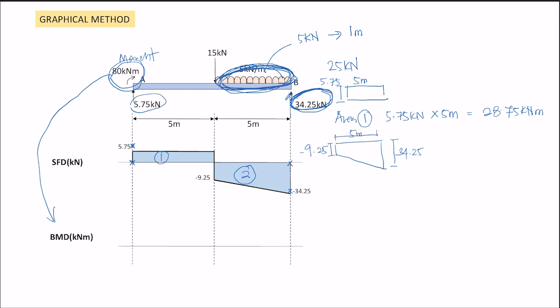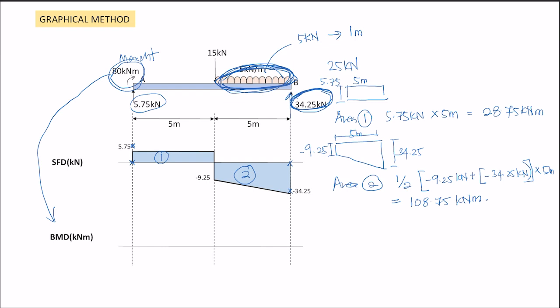And 5 meter here. So we have to calculate area 2. Make sure you know how to calculate the area of a trapezium. So, half times the sum of the 2 different sides, negative 9.25 kilonewton plus negative 34.25 kilonewton, times 5 meter. The value that I get is 108.75 kilonewton meter. Then we can draw the bending moment diagram.